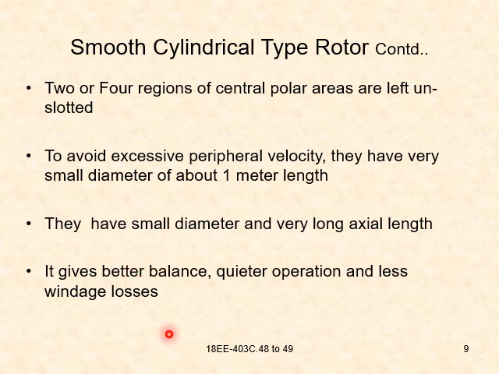Moving on to the next slide: advantages of stationary armature. In the previous class, when we learnt about DC machines, we saw the rotating type of armature, and in the last class we also studied that rotating armatures are used for smaller capacities, whereas stationary armature is used for larger capacities.